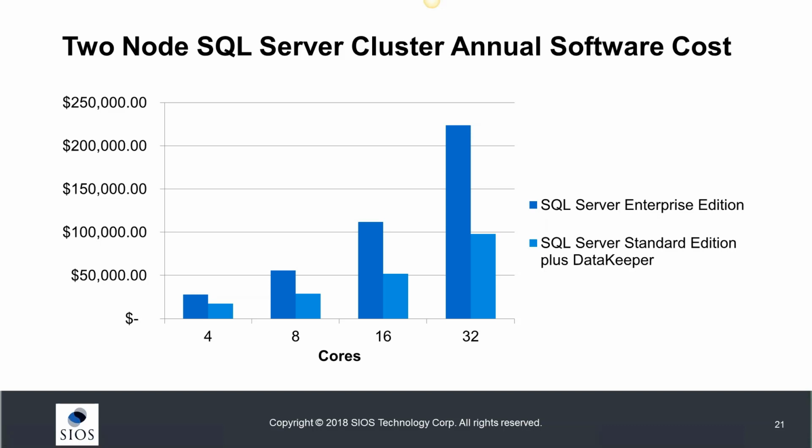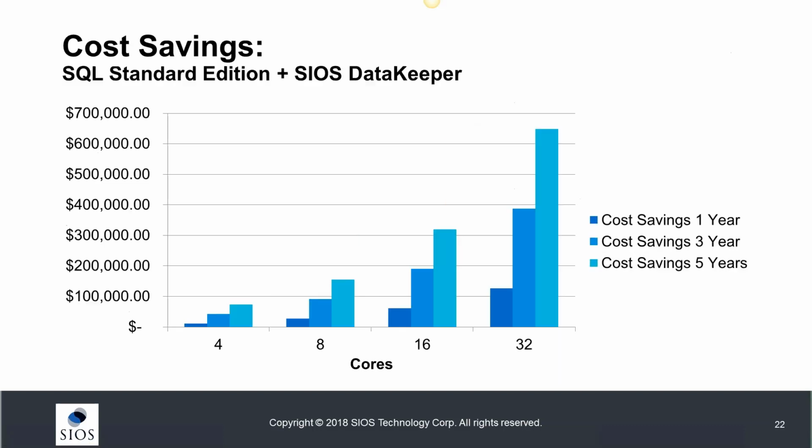So this is a view of what it would cost to run SQL Server for an entire year in the Google Cloud, depending upon the number of cores you need to license. So to look at that in a different way, you see the cost savings.